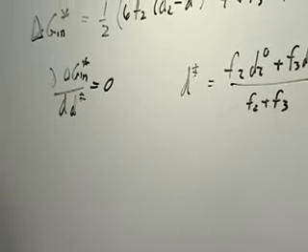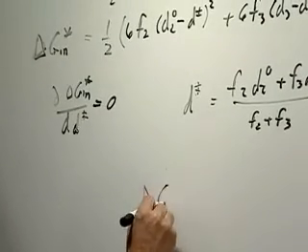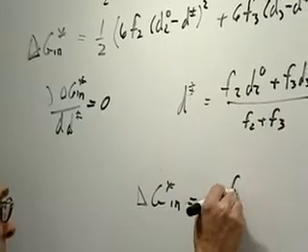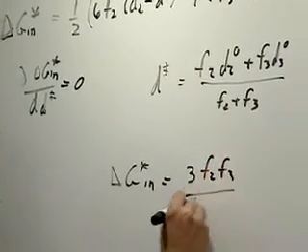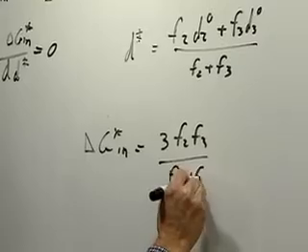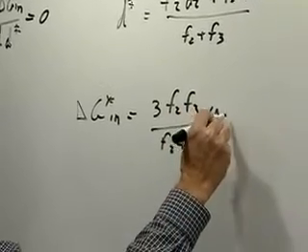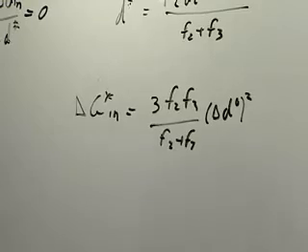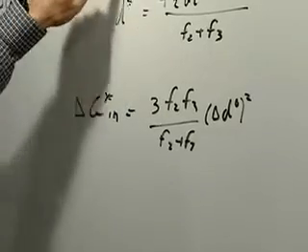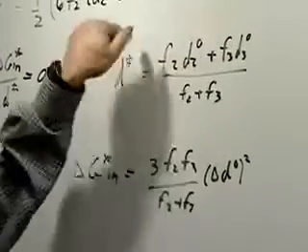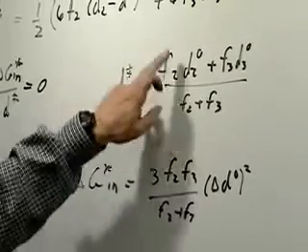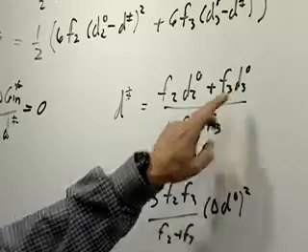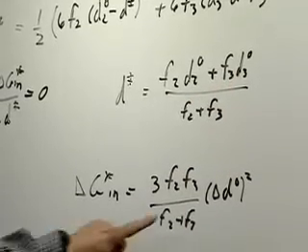We can now go back and calculate delta G star in, and that's 3 F2 F3 over F2 plus F3 times delta d0 squared, where I plug this back in and work it through, and I end up with no more d dagger, but only d20, the equilibrium, and I end up with the difference.